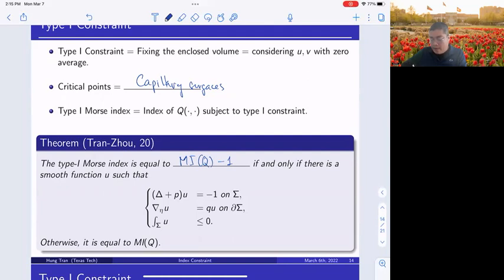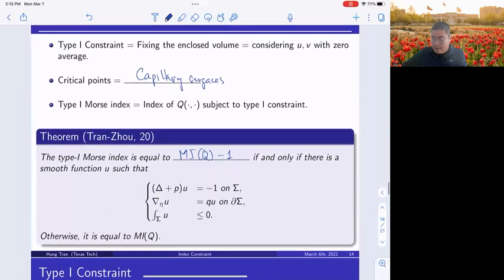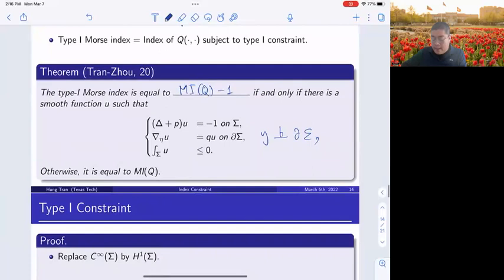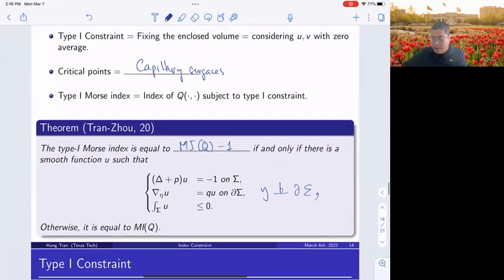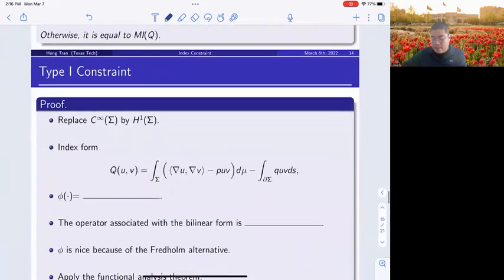And finally, the integration of u over sigma is smaller than or equal to 0. So in this statement, eta here is a co-normal vector. So this is in the tangent space, but this is perpendicular to the boundary of sigma. And otherwise, if this system doesn't have a solution, then the type 1 Morse index is actually equal to the index without constraint.